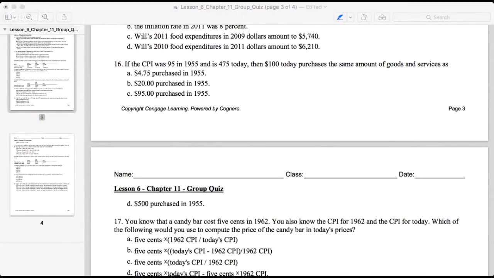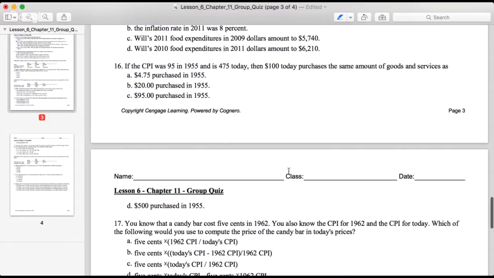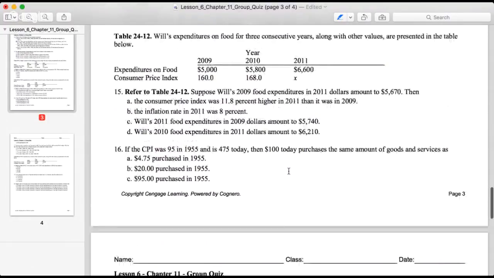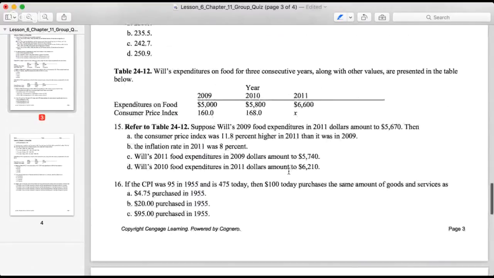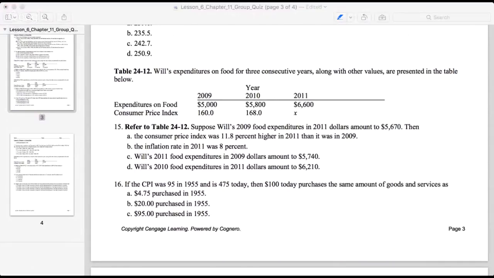I didn't get that one yet. Consumer price index 2013. All right, so we're probably gonna have to ask her about that one too. Yeah. Those are the only two that I couldn't get.